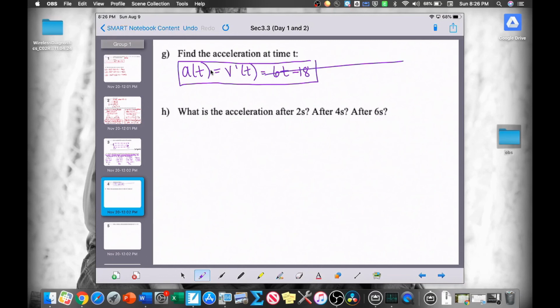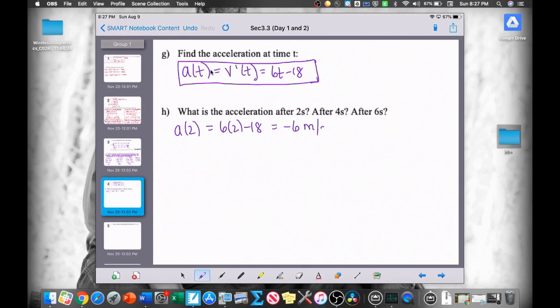Now we can use our acceleration function to answer part H, which asks us to find acceleration after 2 seconds, after 4 seconds, and after 6 seconds. So A of 2 is going to be 6 times 2 minus 18. 12 minus 18 is negative 6.